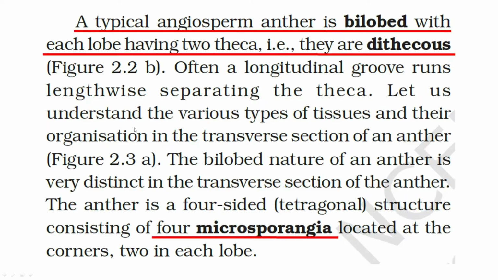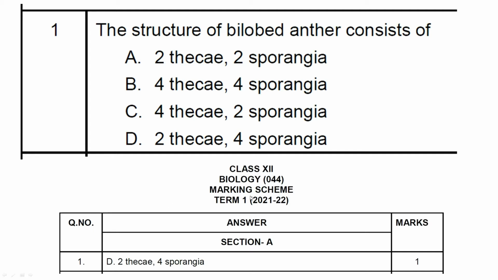But in the marking scheme for the sample paper, it is written that the correct answer is D, 2 thecae and 4 sporangia. Now, this really creates a confusion for both myself as well as my students. Ultimately, we have to find out the correct answer for this particular question.